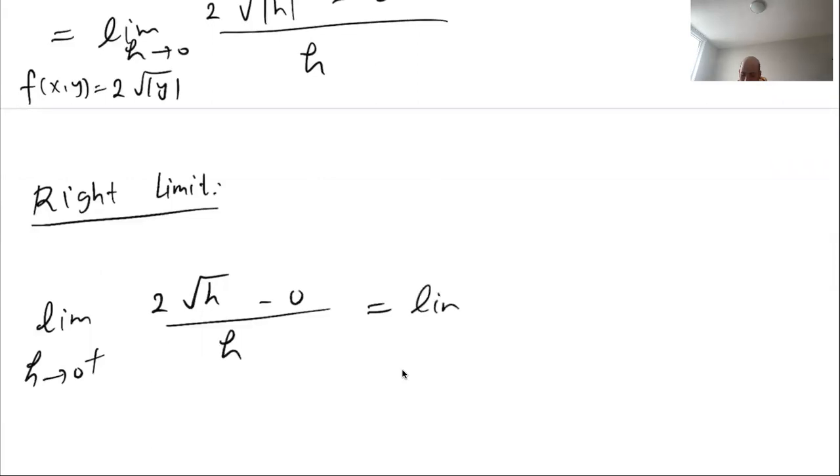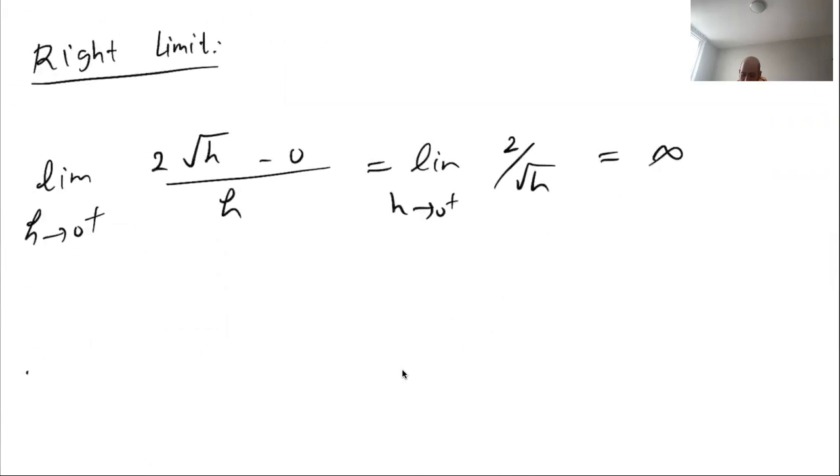And this is the limit of 2 over root h as h goes to 0 plus, and this is infinity already. And what about the left limit? So this alone shows that the limit does not exist, because if one of the one-sided limits is infinity or minus infinity, it already implies that the whole limit does not exist.